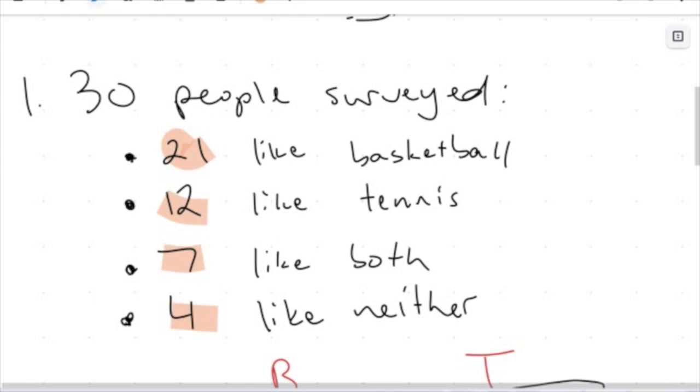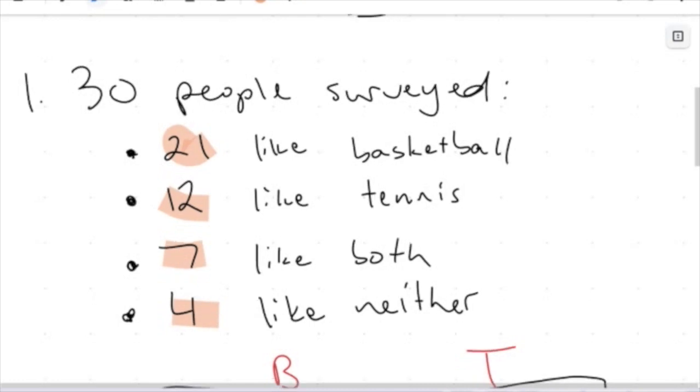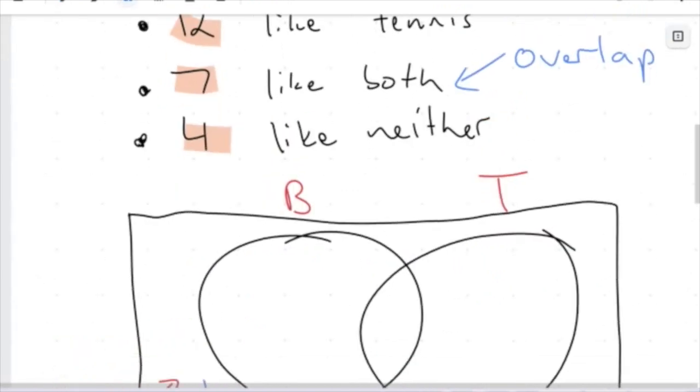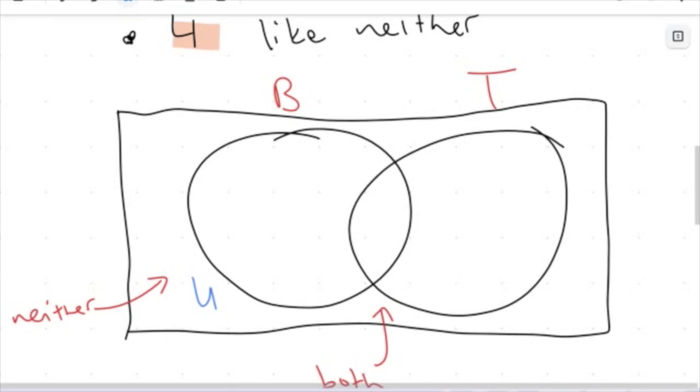And believe it or not, this actually happens quite often when people start working with these Venn diagrams. We have to consider this overlapping section here. That's 7 like both. Here we have an overlap of these two groups. So what that means, well, first of all, we can leave the 4 in here. 4 like neither, that's okay.